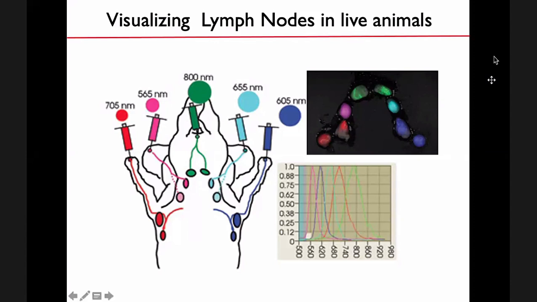Okay, all right, so you can generate pretty fancy pictures when you do such kinds of experiments, right? To visualize that these are the draining lymph nodes for the neck, these are for the forelimb, and for the ear, for the other side, and so on and so forth.